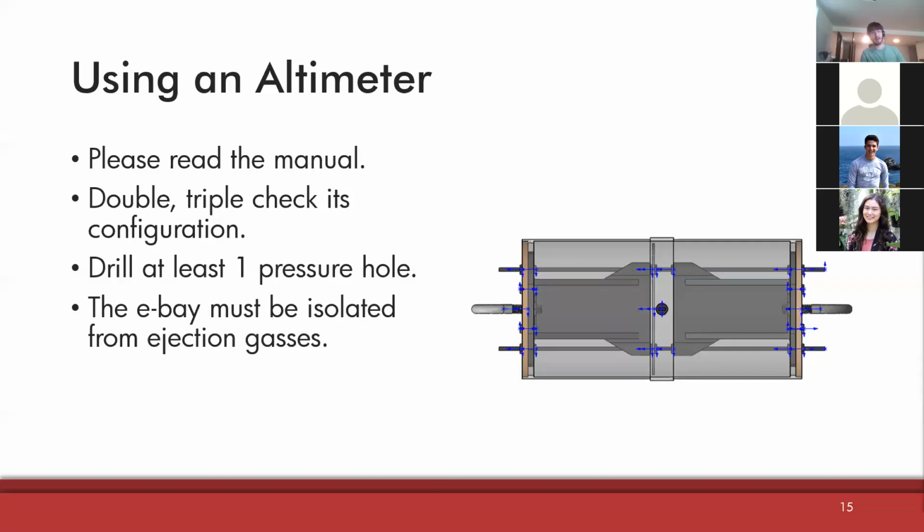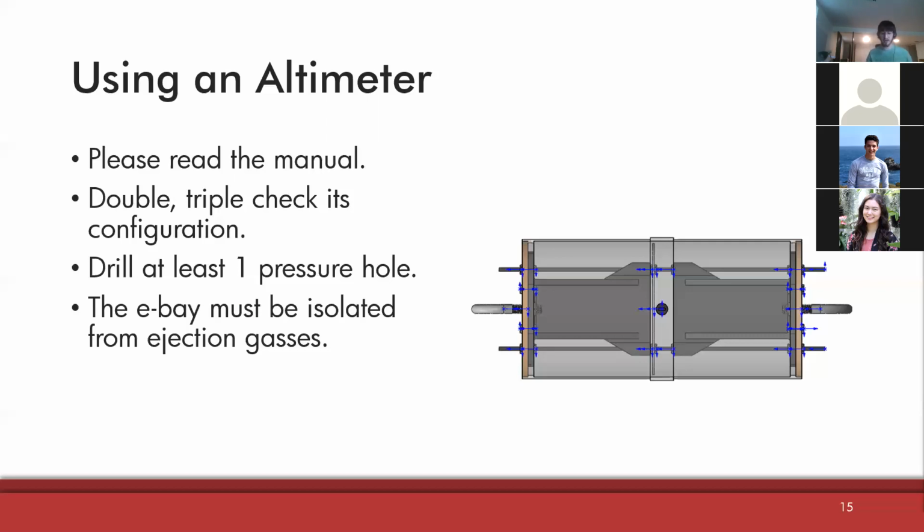And I should clarify, the reason you need to isolate from ejection gases, even if you're using CO2, which, obviously with the black powder ejection gases, they're hot and can possibly melt wiring and damage stuff.